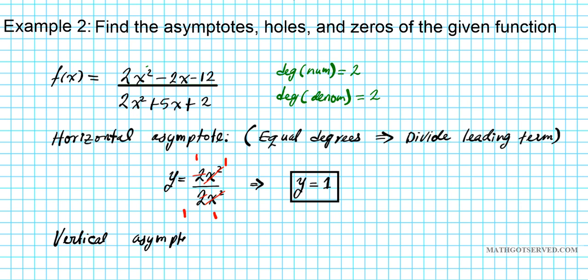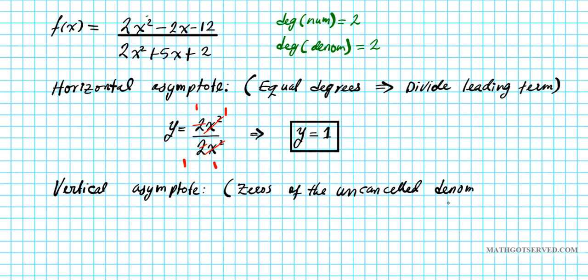For the vertical asymptote, all you're basically looking for are the zeros of the uncancelled denominator factors.